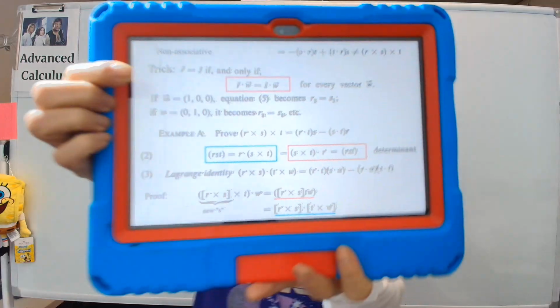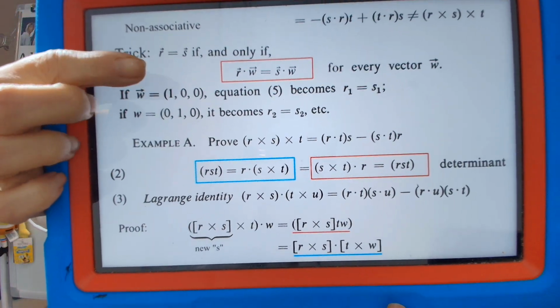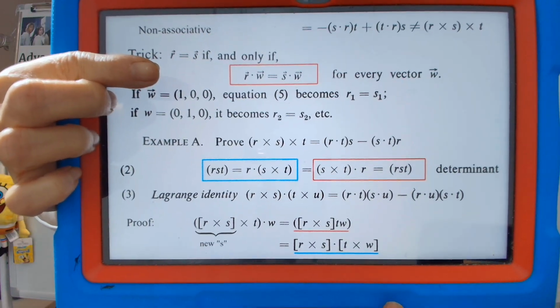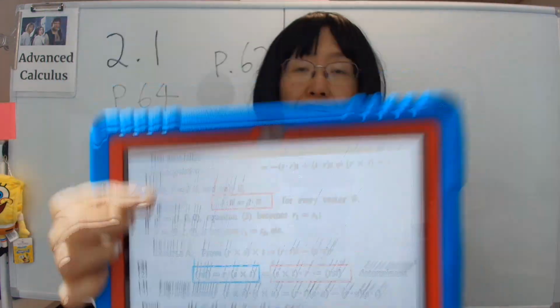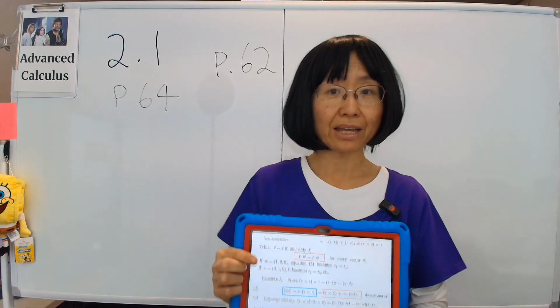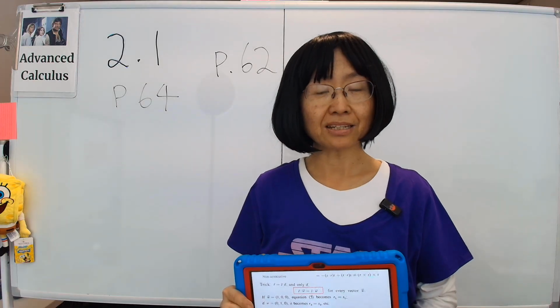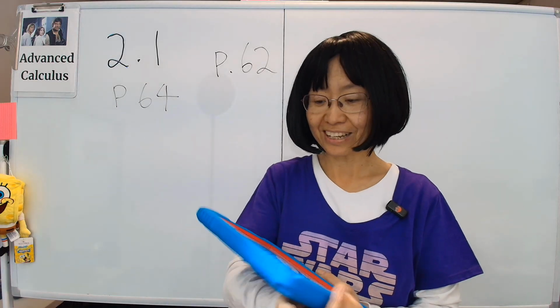Let's call it W. For example, to prove that vector R equals vector S, we dot it with some random thing, such as W, for every vector W. If you can somehow prove that they're equal for every W, then the two vectors R and S have to be the same, because there's no way they can dot everything and still be different.